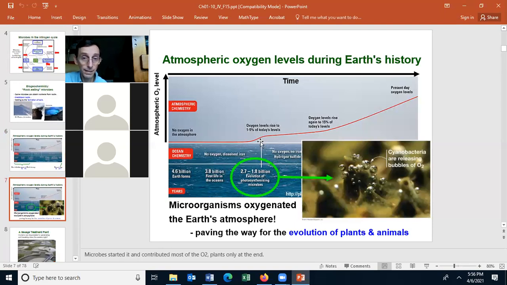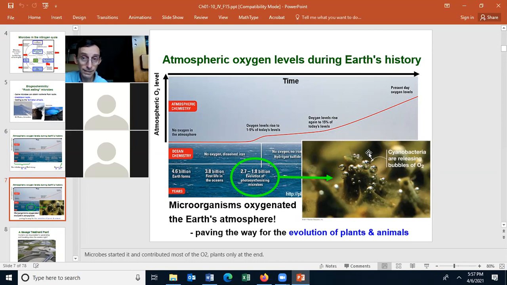At the very beginning, 1.8 to 2.7 billion years ago, the oxygen came into the Earth's atmosphere from zero from microorganisms, particularly the cyanobacteria, which released oxygen into the atmosphere. And these are actually photosynthetic organisms releasing the oxygen. And then they got the oxygen to a high enough level that green plants could evolve.